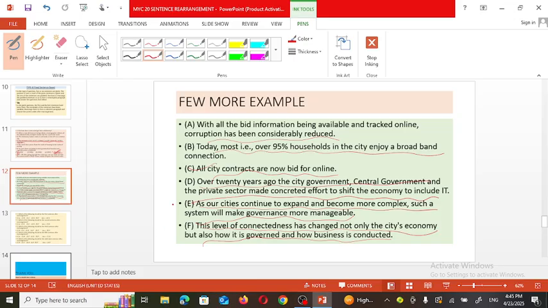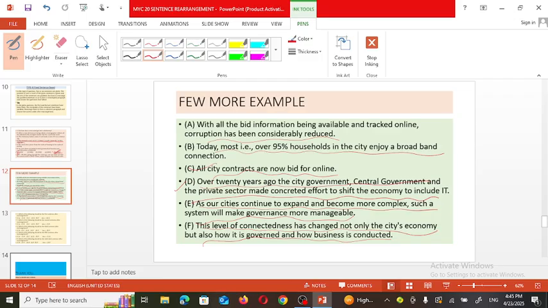Now here all these things are given about the economic development of the area depending on the use of modern technique. So here option D must be at the first place. Over 20 years ago, the city government, central government, and the private sector made concerted efforts. Concerted means what?